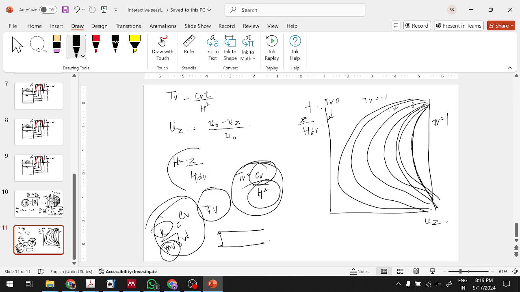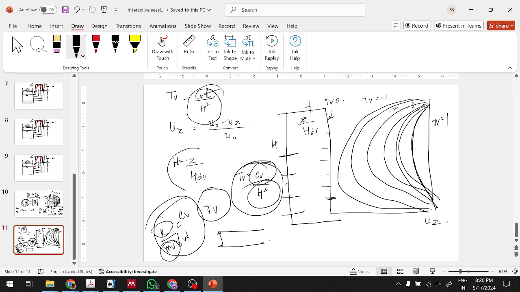Because at whatever height of the sample you want to calculate, you have a layer of height h, and at z equal to whatever you want to calculate, you take that here. Then TV you calculate based on at what time you want to calculate. You take that here.